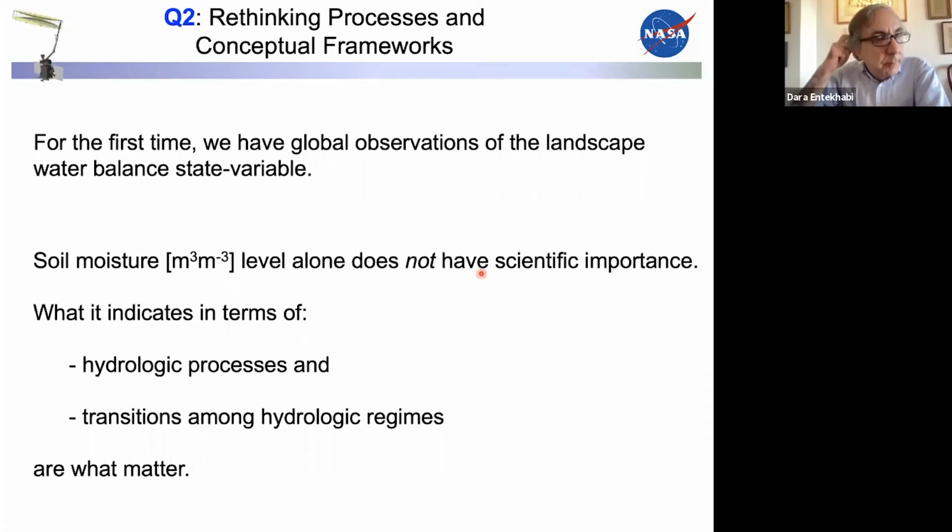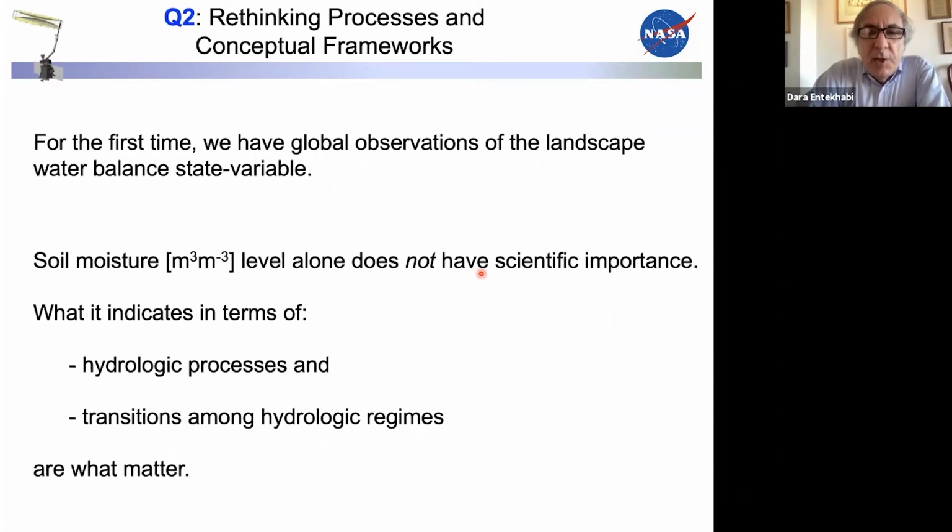So the second question is, okay, the soil moisture observations are new. We haven't had them before in hydrology. In hydrology, we usually think of the landscape as a black box where precipitation is input and the runoff and evaporation are output. And the state variable soil moisture was just a sort of internal accounting.